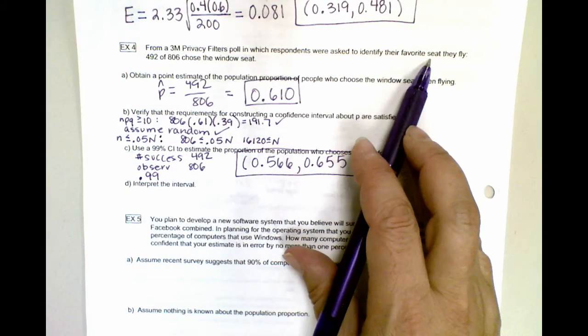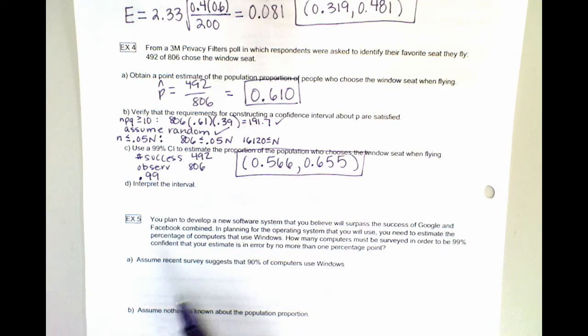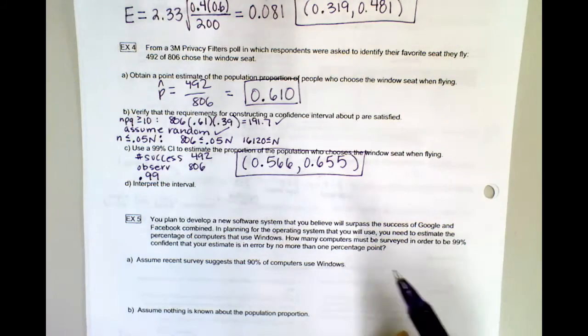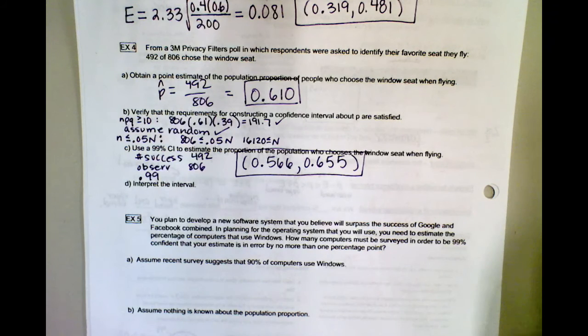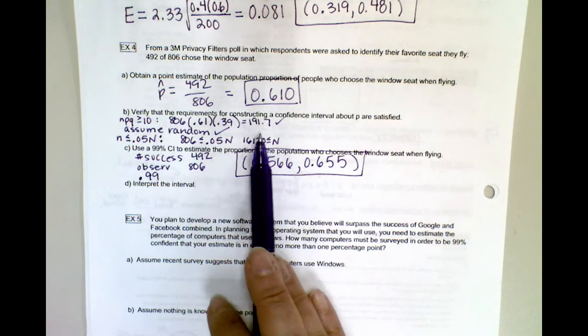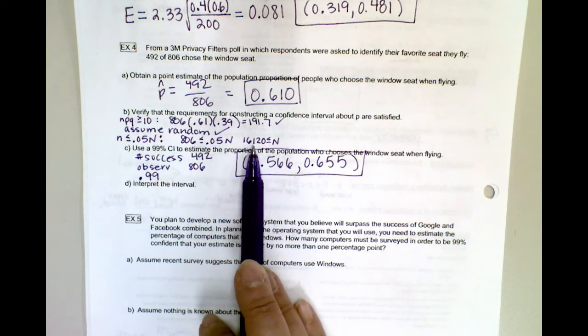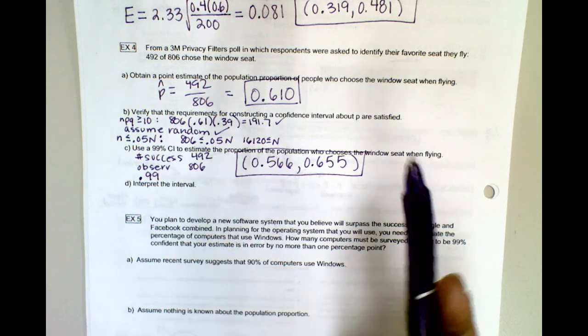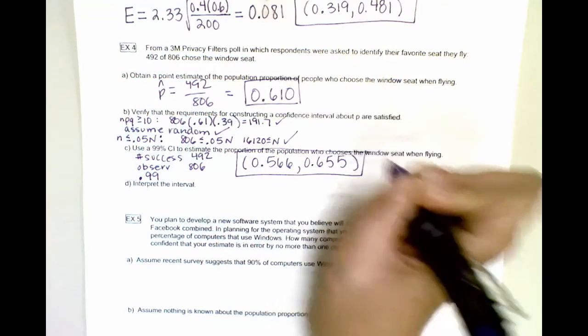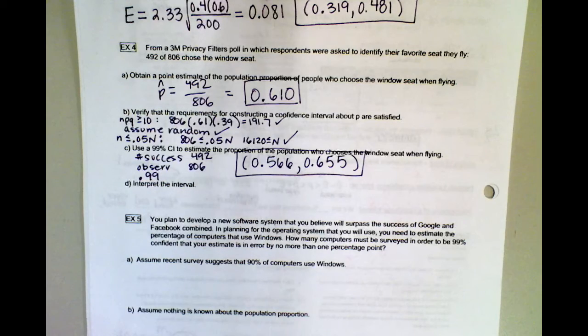Respondents are identifying their favorite seat when they fly. So that means that the population are people who fly on airplanes at some point. So I think we can agree that more than 16,000 people in the world fly on airplanes. So yes, these are all satisfied.